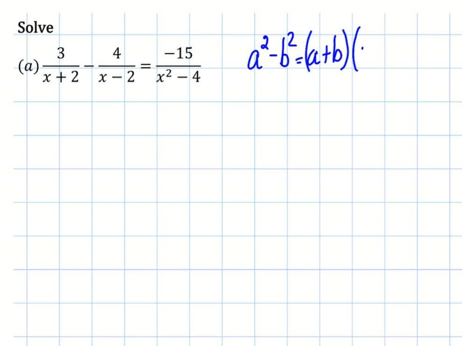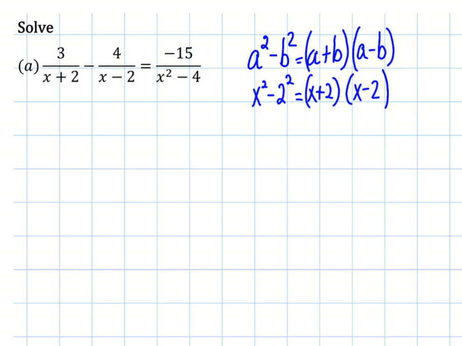When I factor, if I have x squared minus 2 squared, that's x plus 2 and x minus 2.